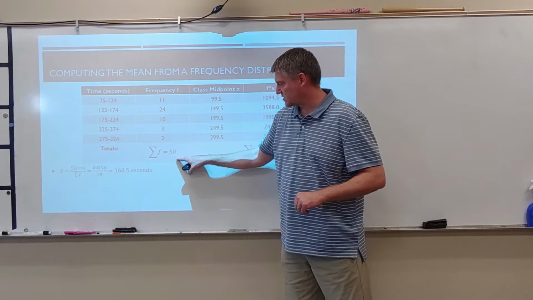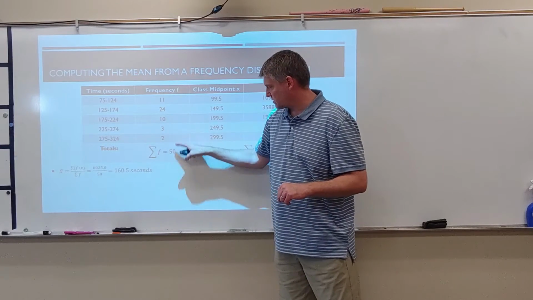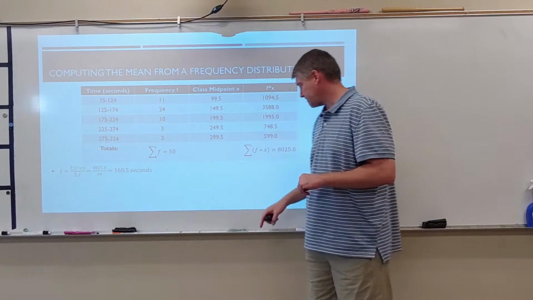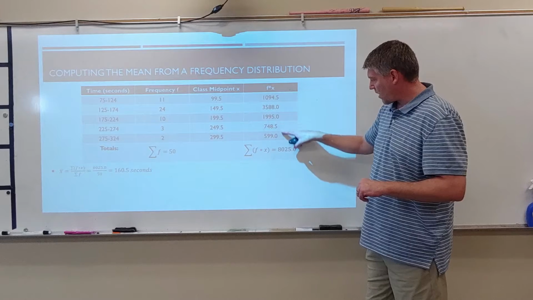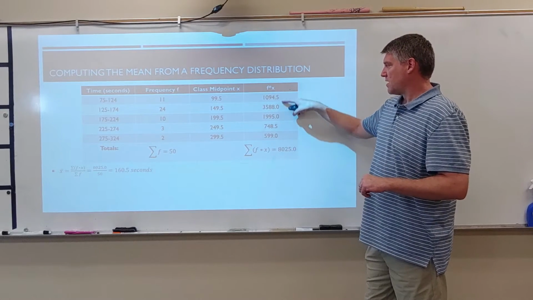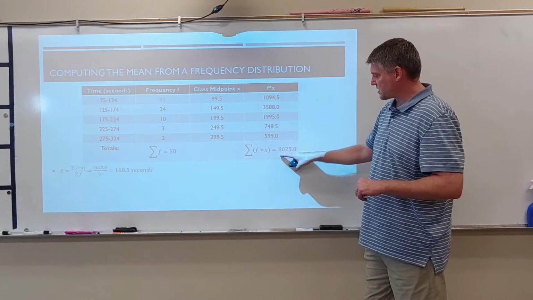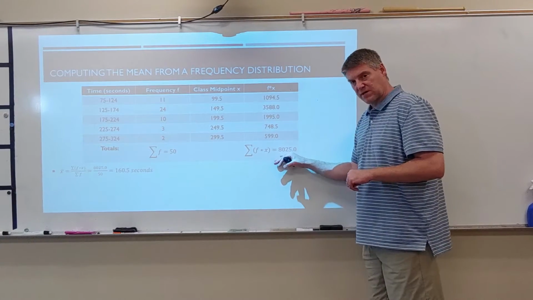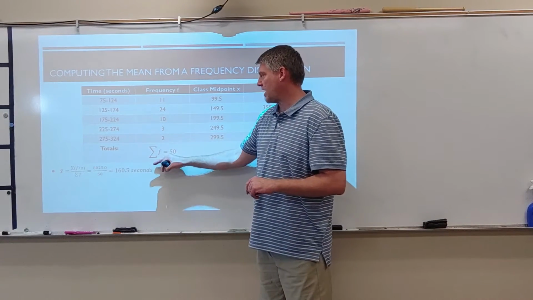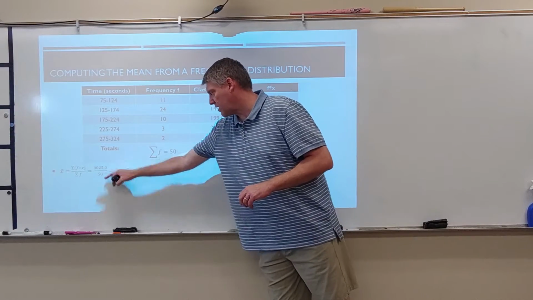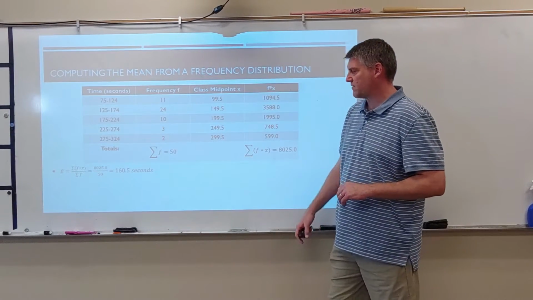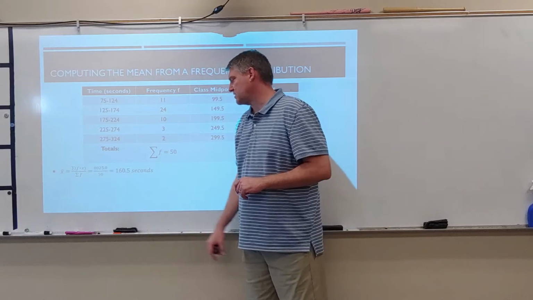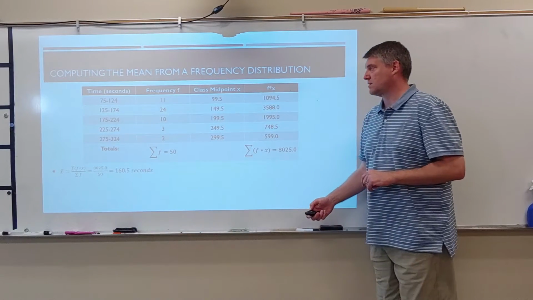I want to know the sum of my frequencies. How many points are there here? 50. I need the sum of all these midpoint times frequency products, and that gives me 8,025. Now I'm going to take this sum and divide it by my total frequency. 8,025 divided by 50 gives me 160.5 seconds.